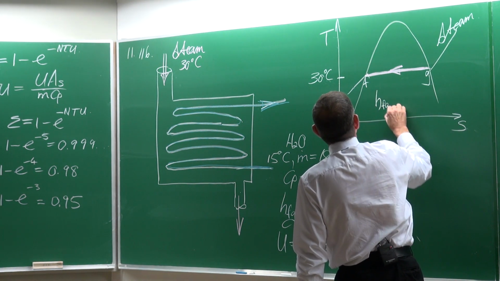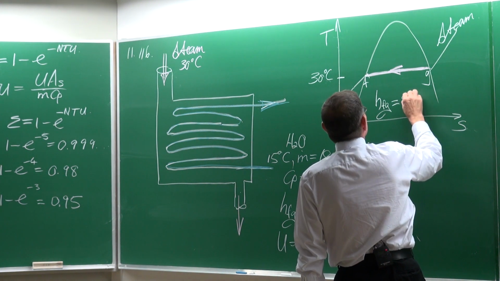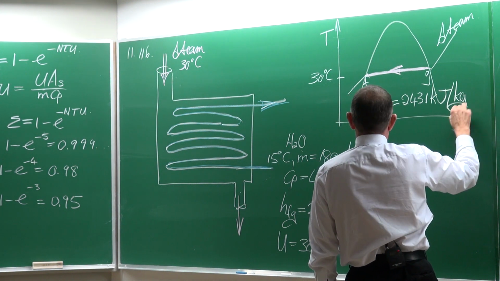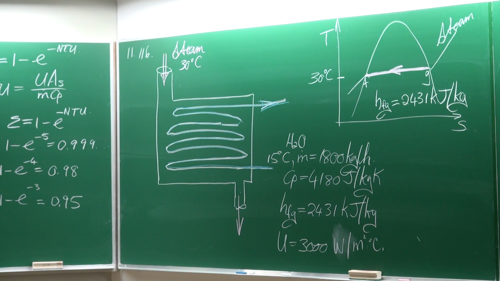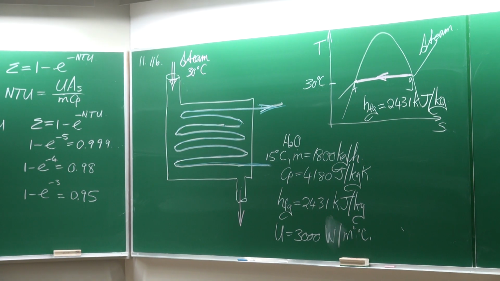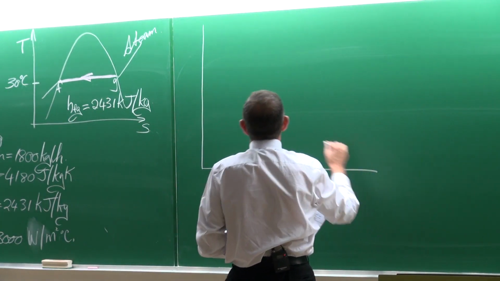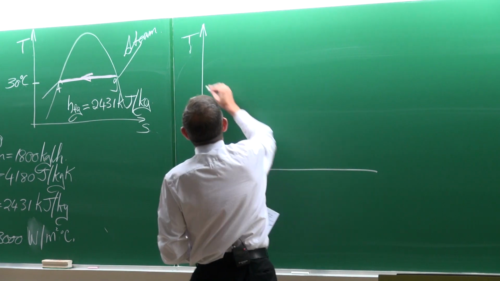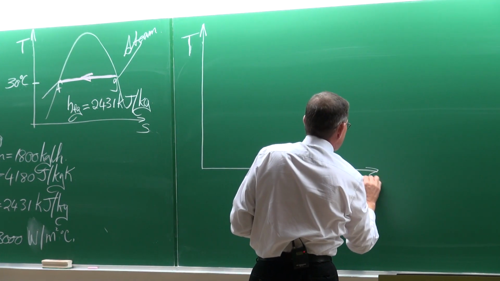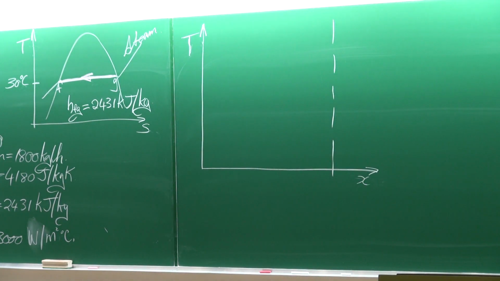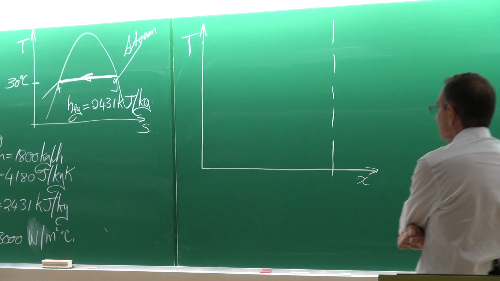Okay, so that HFG is equal to 2431 kilojoules per kilogram. Are you all with me?